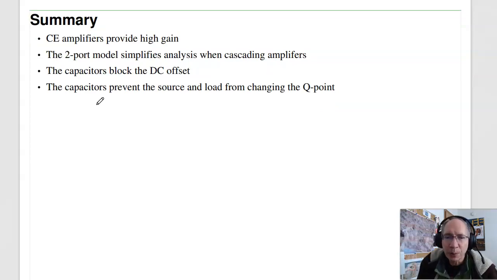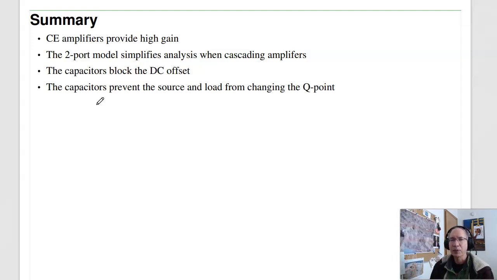The two-port model simplifies analysis when cascading common emitter amplifiers. The capacitors block the DC offset, so when I start cascading them, one circuit does not affect the other circuit's Q point or DC operating point. And when I apply a sine wave in, I block the DC part of it, so I get a sine wave out also centered at DC.